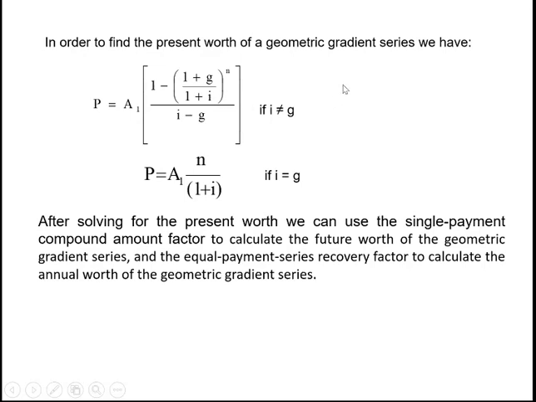Because given P, to find F, we use these formulas times the single payment compound factor (1 plus i) to the power n, and we have the future value. If i equals g, we use these formulas times the single payment compound factor, (1 plus i) to the power n. It's very simple.